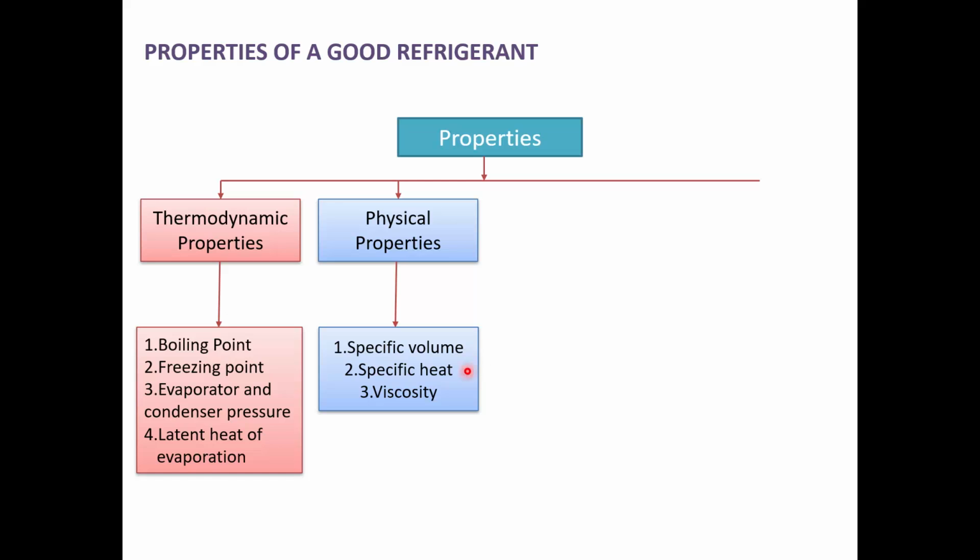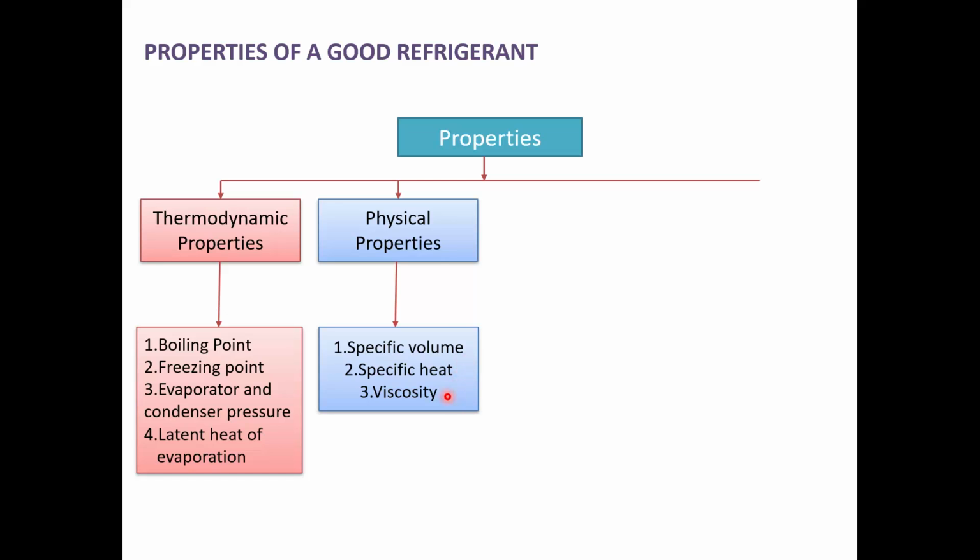A good refrigerant must have low specific heat when it is in the liquid state and high specific heat when it is vaporized. The low specific heat of the liquid helps in subcooling of the liquid, and high specific heat of the vapor helps in decreasing the superheating of the vapor. Both these properties will increase the refrigerating effect.